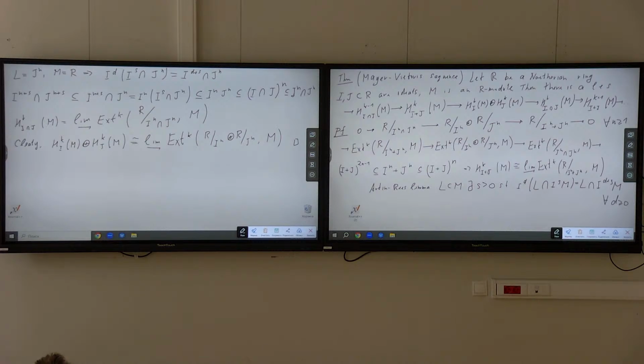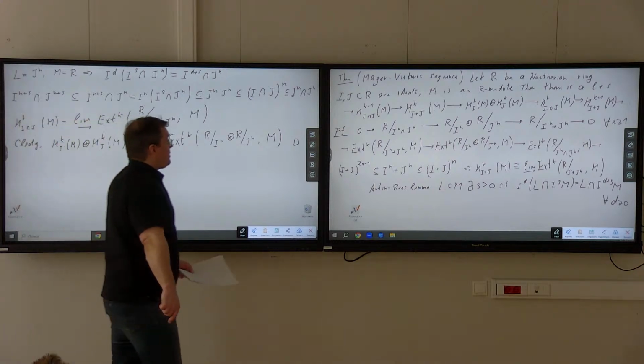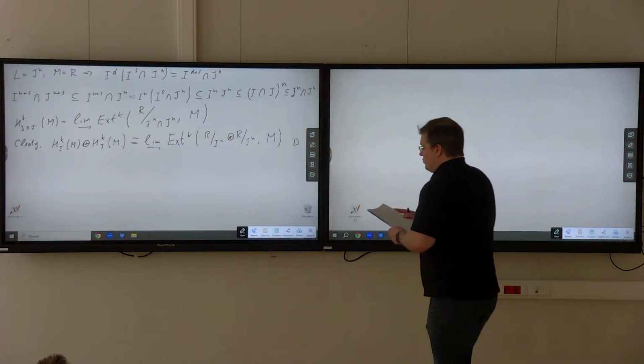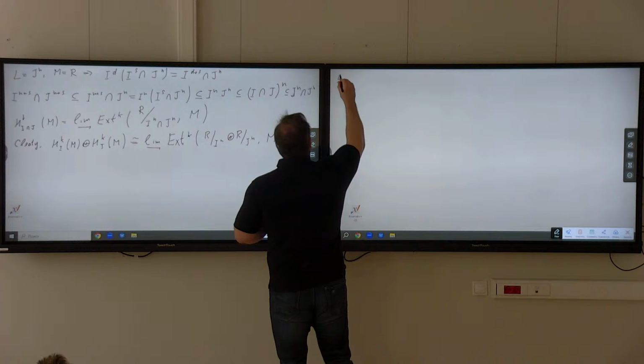Okay. So this is the last statement I want to prove in the first section about the basic properties of local homology. And now I want to go to the second section, so 5.2.